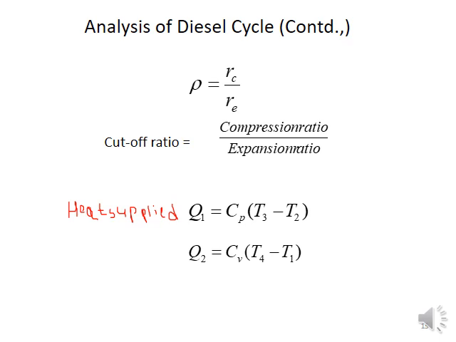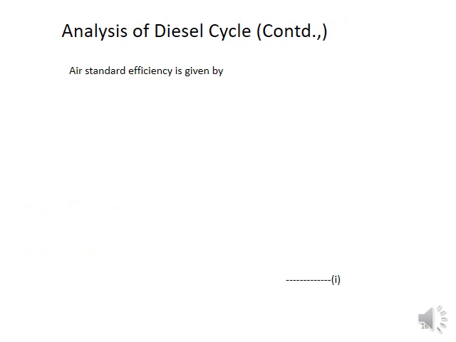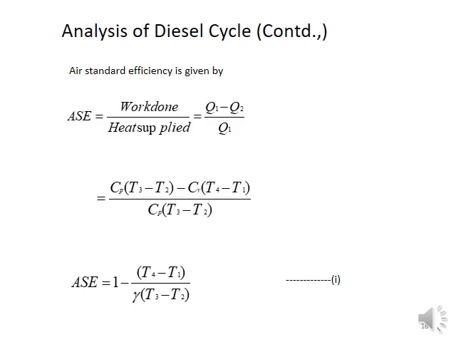Next, we know that the air standard efficiency is equal to output by input. So what is the output here? The amount of work done by the system, and input is the heat we are giving to the system. So our efficiency is work done, Q1 minus Q2, divided by Q1.